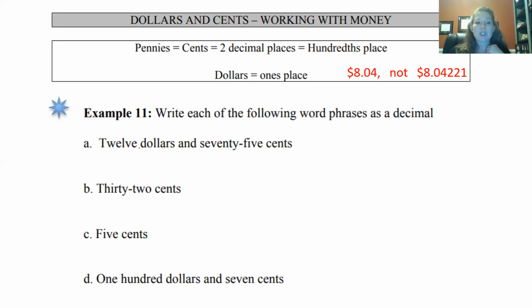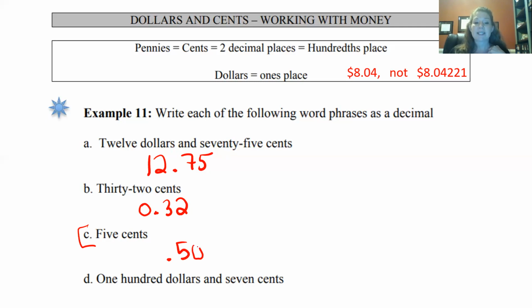So example 11, $12.75. Letter B, 32 cents. So that would be no dollars, 0.32, 32 cents. Now this is the one that will trick people sometimes, 5 cents. I don't know how many times I've seen people write that. Is that in the pennies place? No, that's in the dimes place.